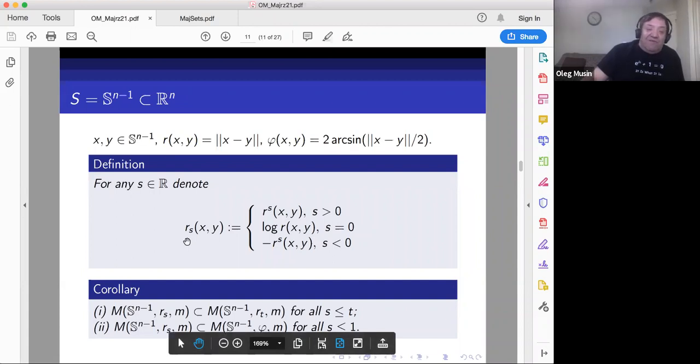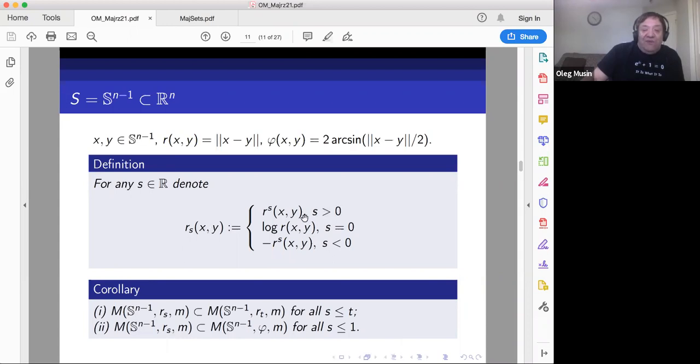Now, for any real s, we consider a different rho. If r is the Euclidean distance, then rho s is r to the s for positive s, for s equal to 0 it is just the logarithm, and for negative s it is minus r to the s. So we have different rho.